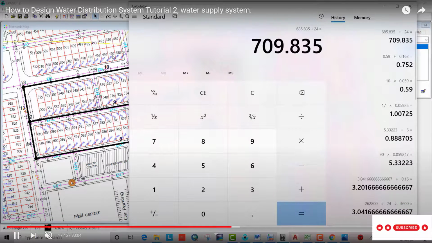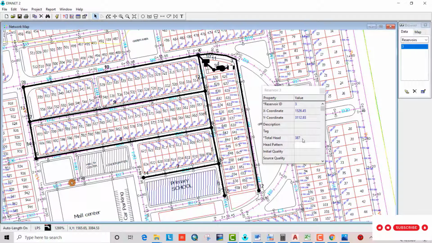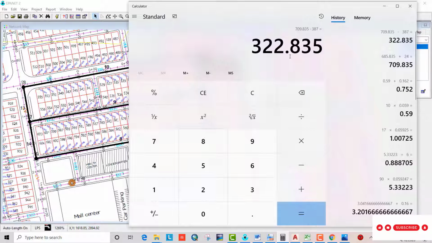So the pump should deliver water to this head.